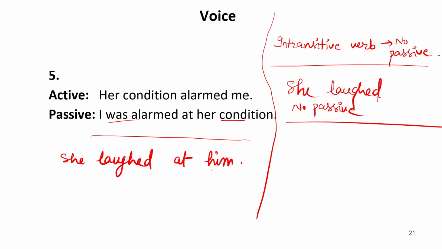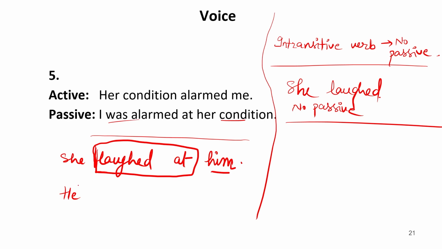Now, to convert the sentence into passive voice, first look at the object, that is "him". So, "him" will be at the place of subject, in nominative case, that is "he". Now, this "laughed at" will be in the same box, that is, these two words will be together always.